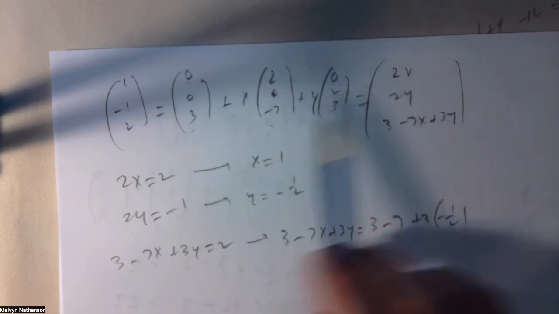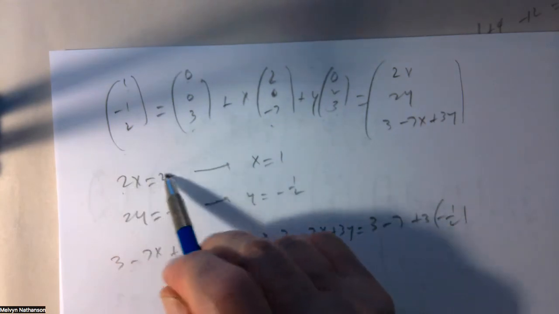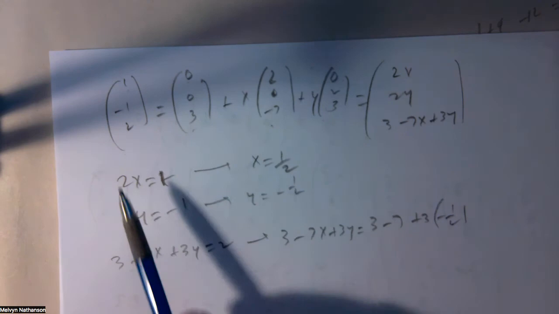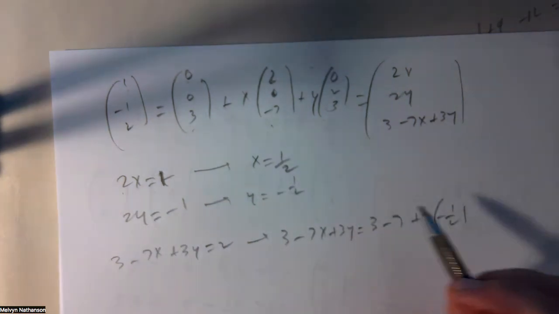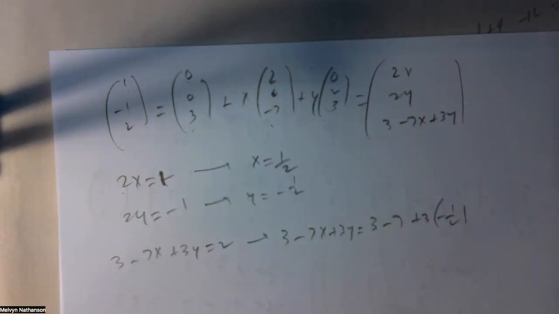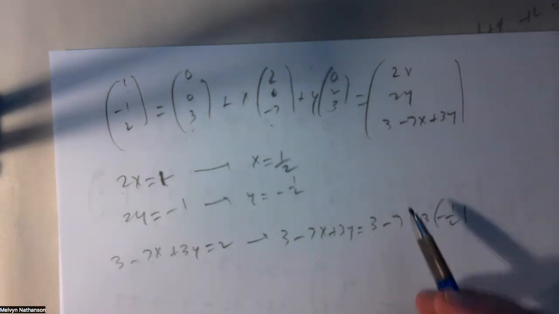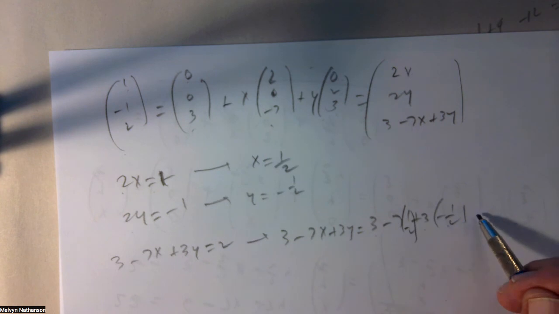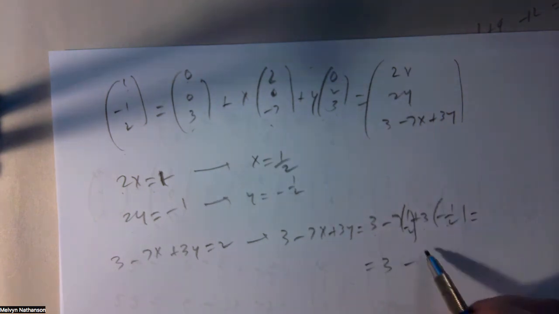So this equation says 1 equals 2x. 2x equals 1, so x equals a half. 2y equals minus 1, y equals minus a half. So this should be 3 minus 7 times a half plus 3 times minus a half. So that's 3 minus 7 halves minus 3 halves.